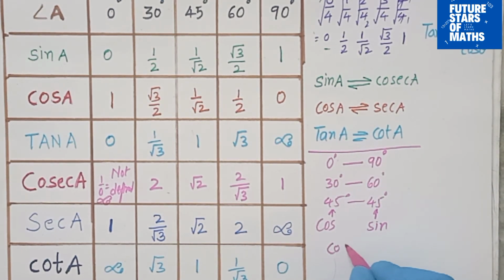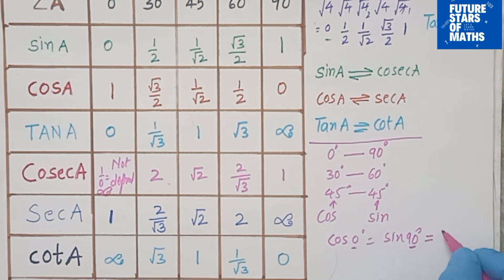Cos 0 means sin 90. Whenever you get 0, you remember the value of 90 in the sin line. So sin 90 is 1. Then if you want cos 30, what do you have to remember? Sin 60. Recall sin 60. What is sin 60? When you have it by heart, you already know. It is root 3 by 2.